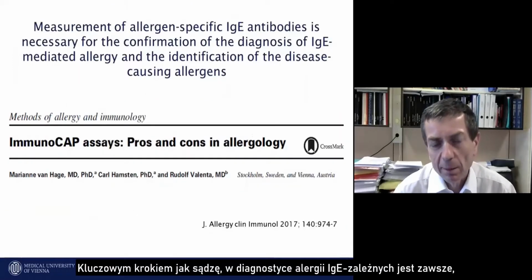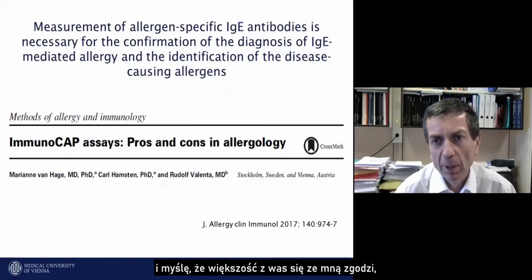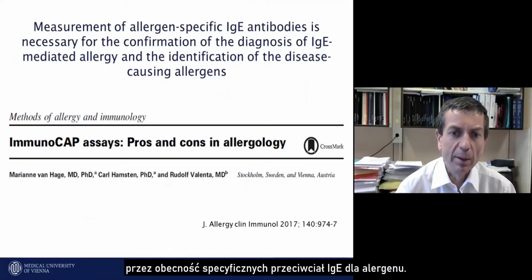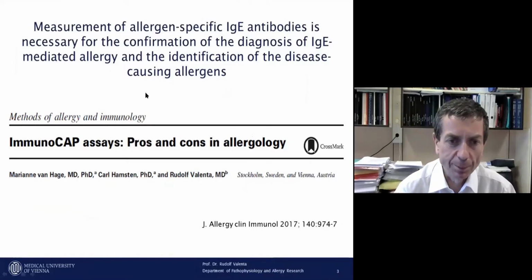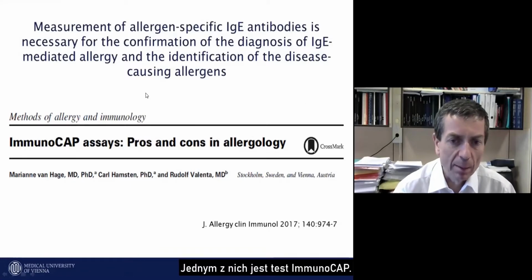The key step, I think, in the diagnosis of IgE-mediated allergy is always, and I think most of you will agree, the confirmation of the allergic sensitization by demonstrating the presence of allergen-specific IgE antibodies. There are actually different assays to do this, and there's the ImmunoCAP assay.